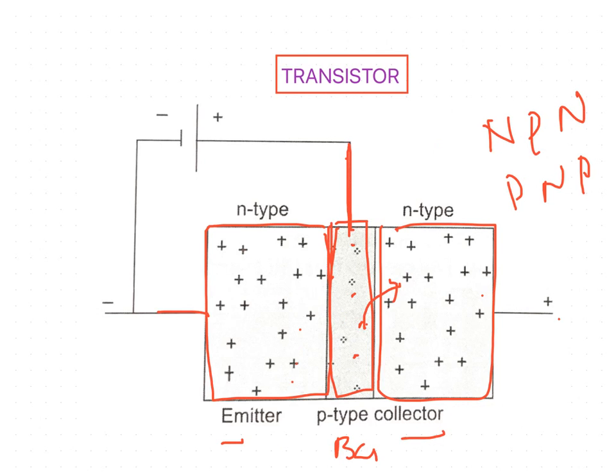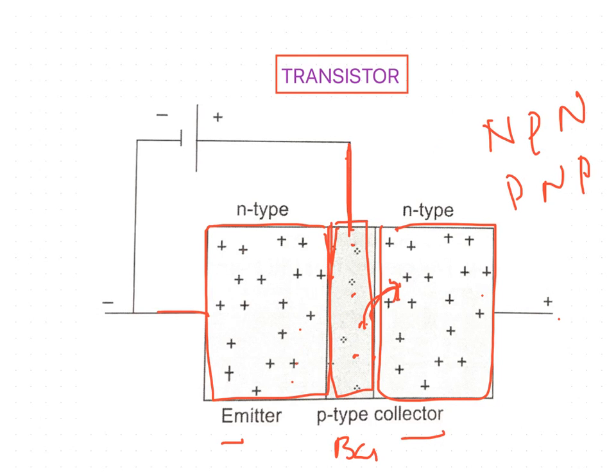The base now has an adequate supply of electrons, and as it is very thin, these come close to the base and collector junction and are attracted into the collector.